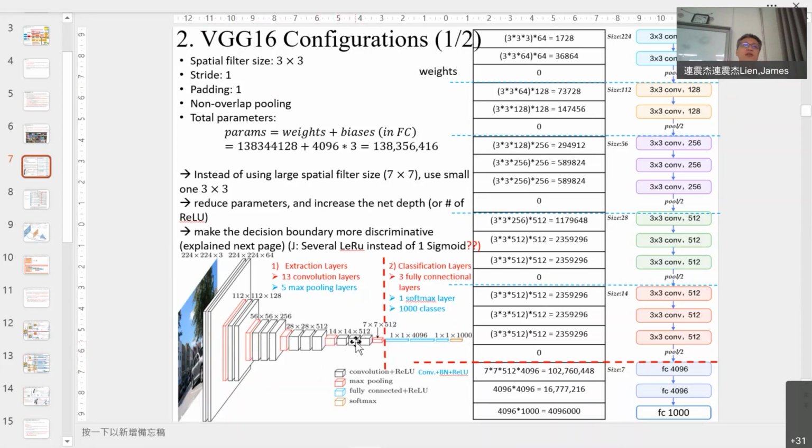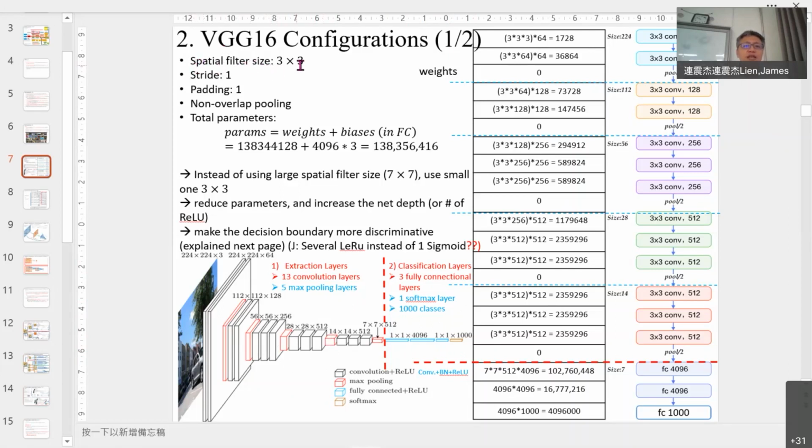So they have 13 layers, plus 3 fully connected layers for classification. 3 for classification, 13 for extraction, and 5 maximum pooling for downsampling.